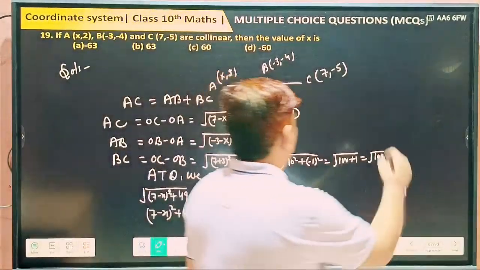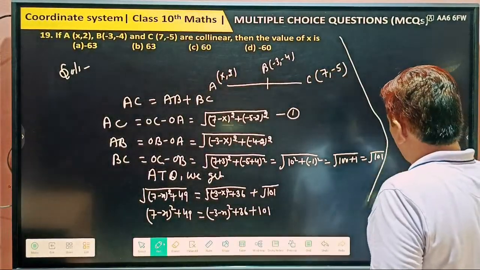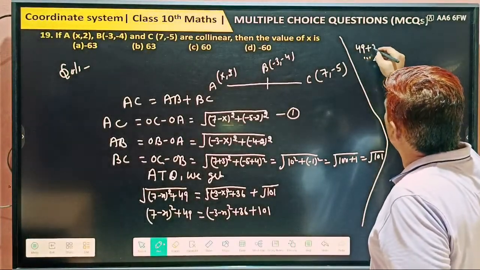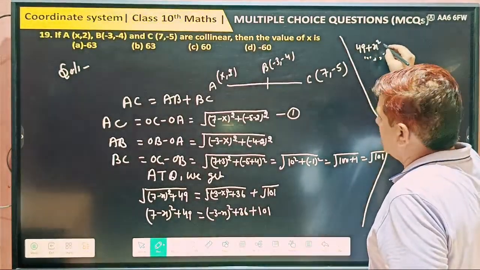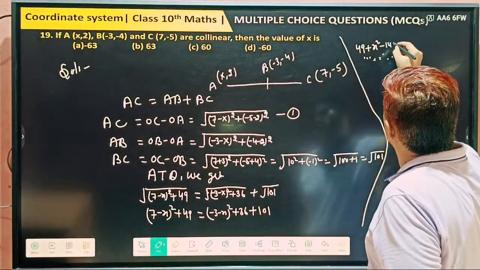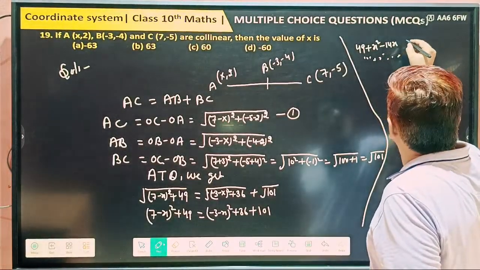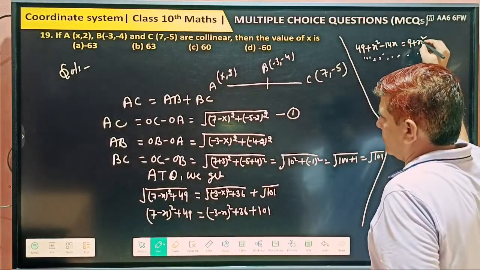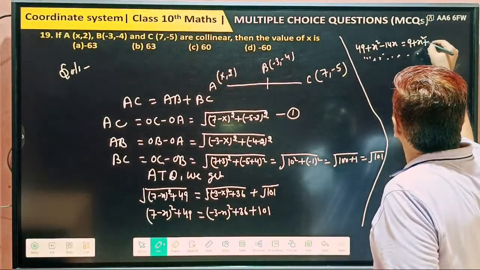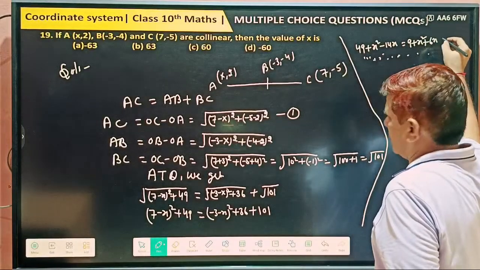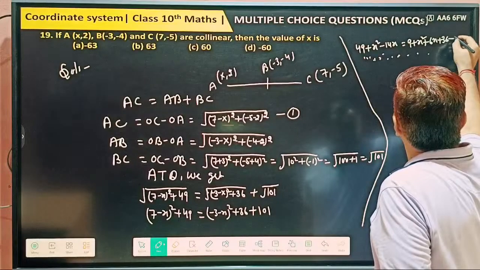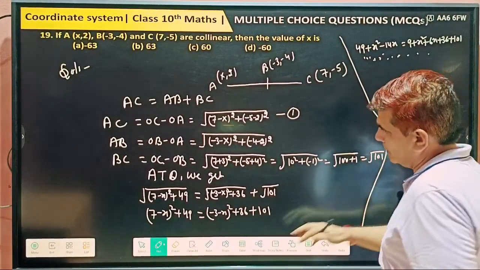So solve it. We get 49 plus x square minus 14x equal to 9 plus x square plus 6x plus 36 plus 101.